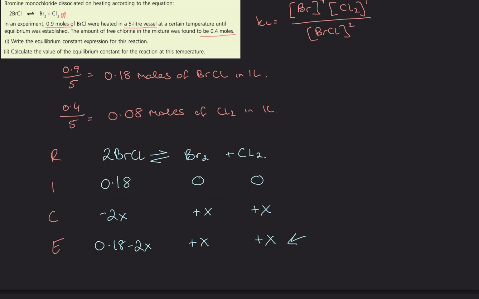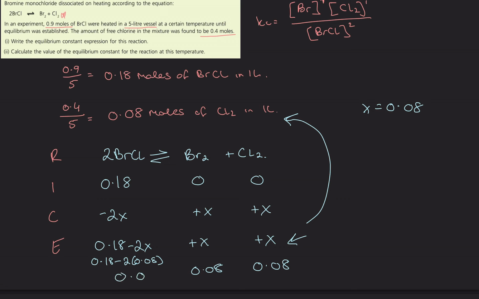We've already worked that out up here, 0.08. So x equals 0.08. So I already know what x is. So if we work out the concentrations, that means that's 0.08. This is 0.08. And then you need to work this out, 0.18 minus 2 times 0.08, which will get you 0.02.